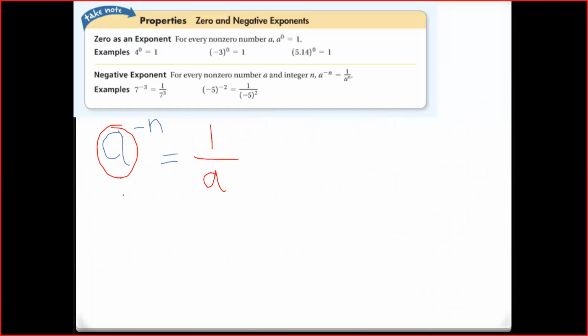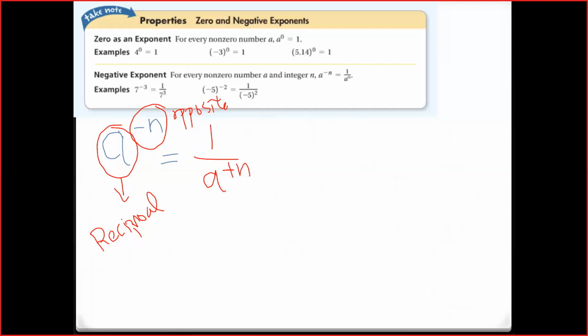So here I have to write its reciprocal. Now, what is the opposite of negative n? Positive n, exactly. So, if I have a to the power negative n, I rewrite it as the reciprocal of a, which is 1 over a, and the opposite of negative n is positive n.